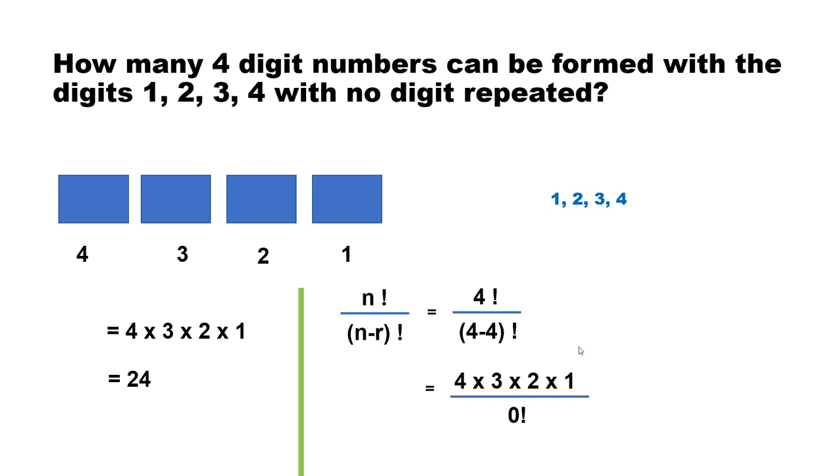So this will become 4 times 3 times 2 times 1 divided by 0 factorial, and there is another interesting fact here, it becomes 24 because 0 factorial is equal to 1. Why is beyond the scope of today's discussion. We will try to look at it another time, but just remember that 0 factorial is equal to 1. So we get the same answer here as what we had got there.